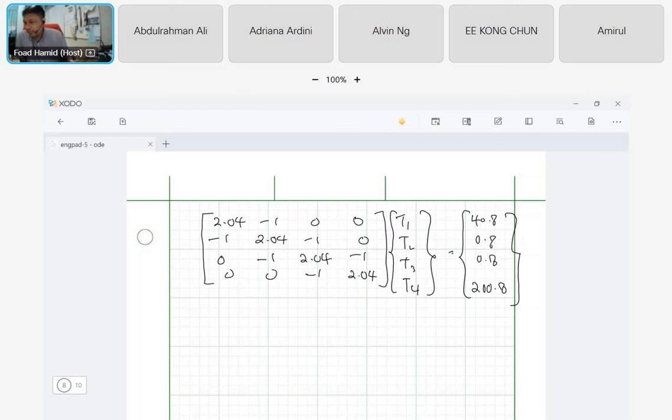So I think the solution is given here as our T, because there are 4 unknowns.